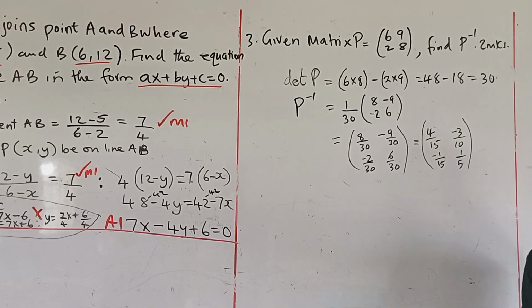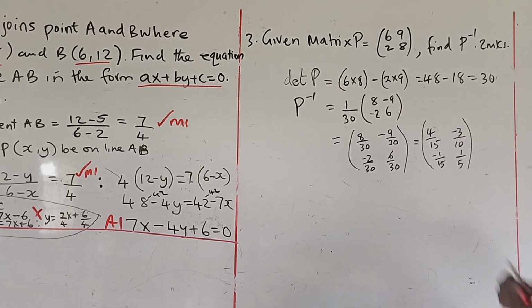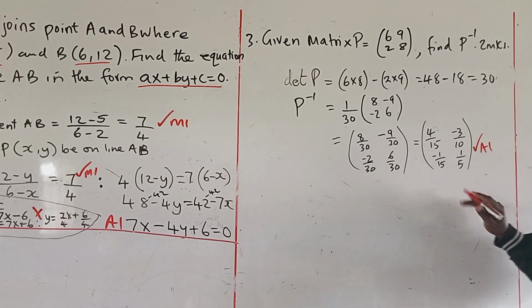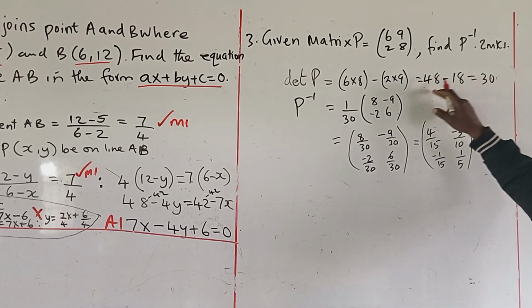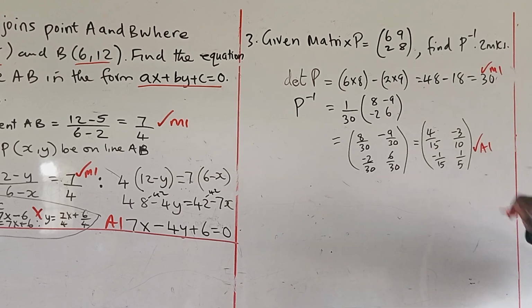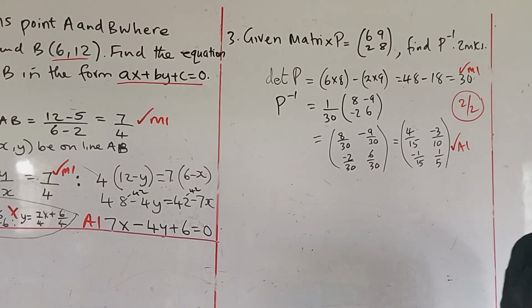It is important that we leave the answer in the simplest form possible, such that on marking this is the point the A1 will be scored. A1 will not be scored at the earlier level, then obtaining the determinant is an M1. So this student is able to score 2 out of 2.